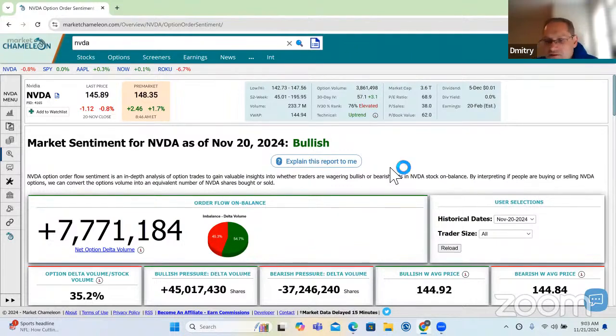If we look at the option pricing model, we can calculate the delta of the option, which is the option's price sensitivity to a dollar move in the stock up or down. This gives us an idea of the option order flow in terms of the directional risk of the initial trade.